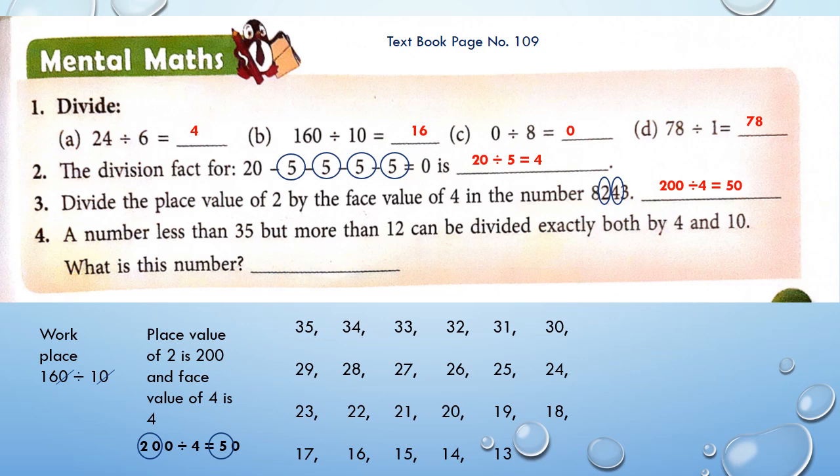Now we have to see the number which is divided exactly both by 4 and 10. Now we know that any number divided by 10, the last number should be 0.